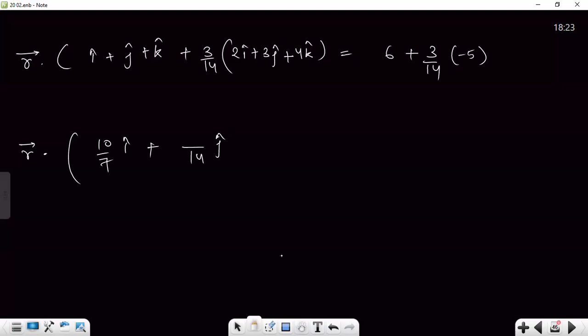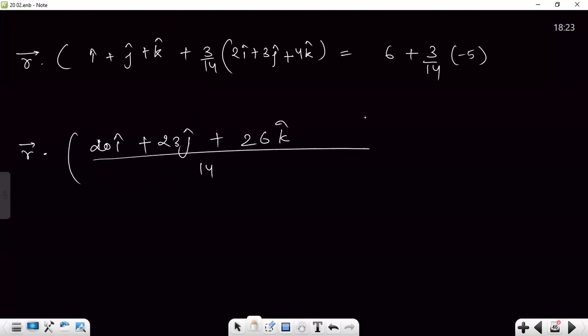And let's do one thing. Let's take 14 as LCM here, because on the right hand side we'll also take 14 as LCM. So 6 and 14 will become 20i. 14 j cap plus 9 j cap becomes 23 j cap. Now 14 k cap plus 12 k cap will make it 26 k cap.